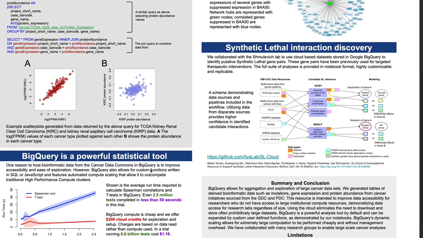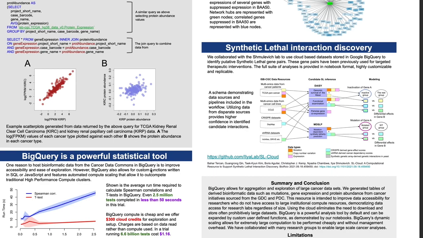The second collaboration is with the Shmulevich lab, where we tried to create a cloud-based framework to find synthetic lethal gene pairings in cancer. These synthetic lethal interactions, based on initial mutations unique to tumors, are promising targets for therapeutics with likely low side effects in healthy tissues. This work used multiple data sets stored in BigQuery, such as the TCGA pan-cancer and the CCLE data, and used them as inputs for the DAISY pipeline, which focused on pairwise gene co-expression, mutation pair absence in tumors, and CRISPR double knockout phenotypes to predict lethal pairings.